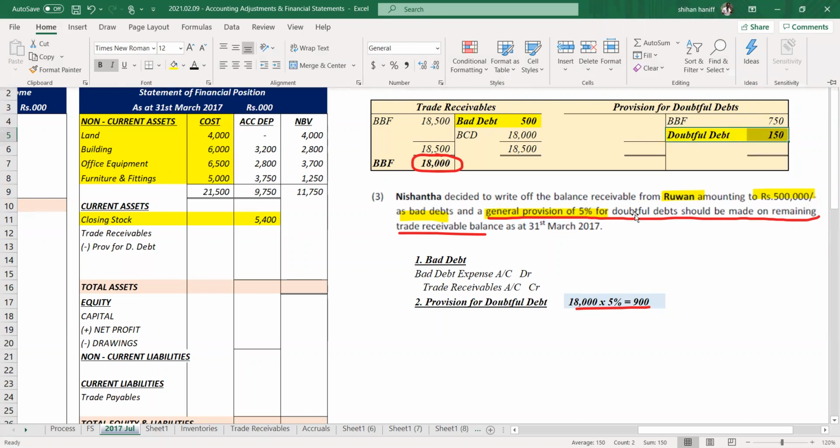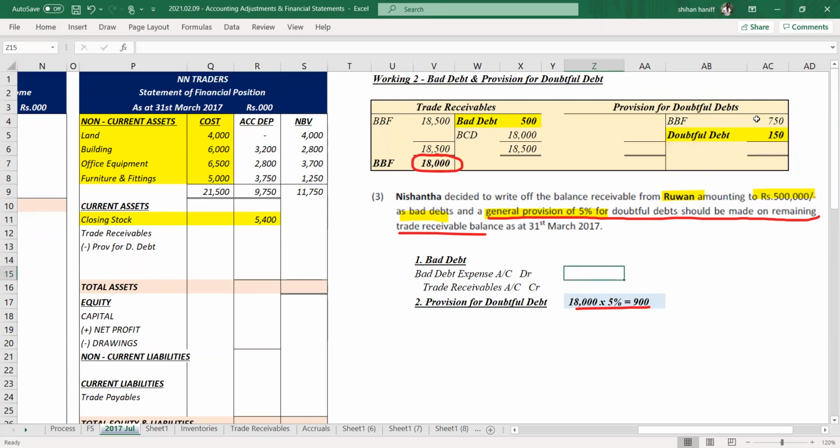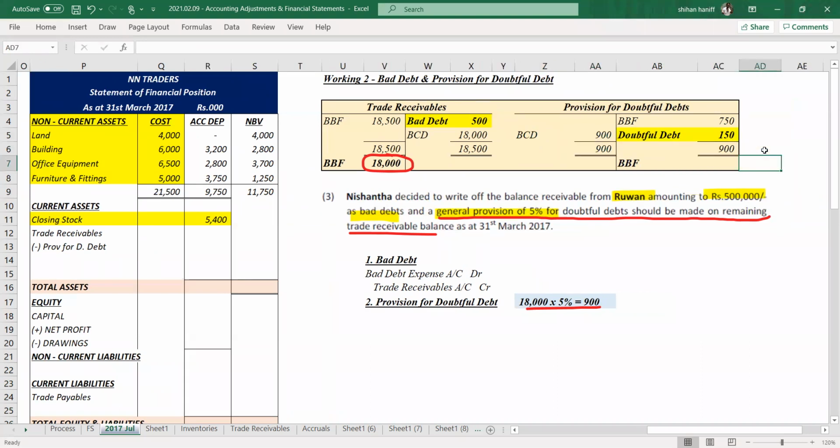Increasing the provision, so there is an under provision. Total should be 900. Already there is a provision of 750. Therefore, increase the provision by 150.